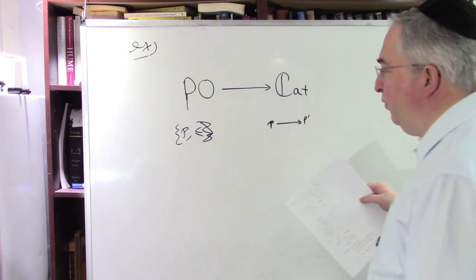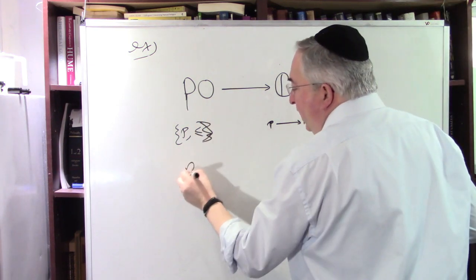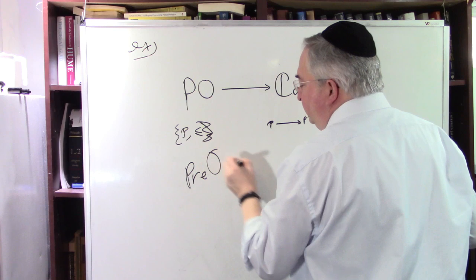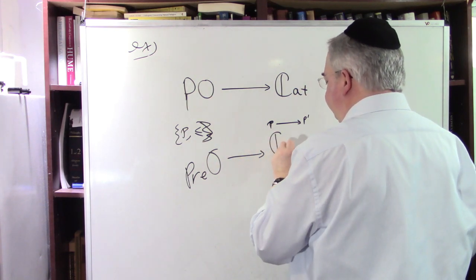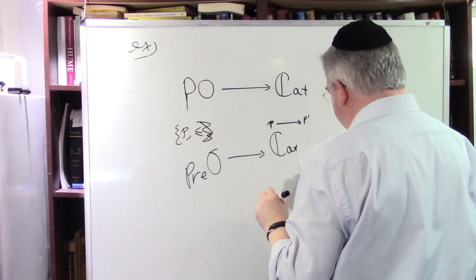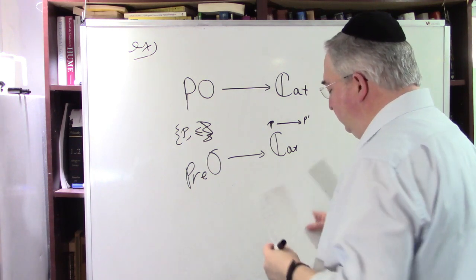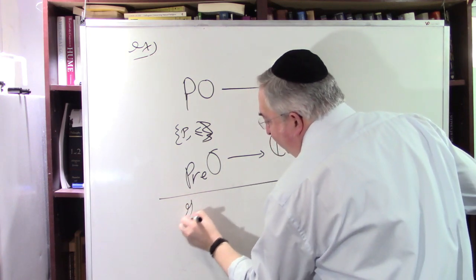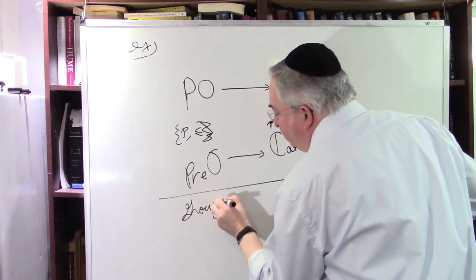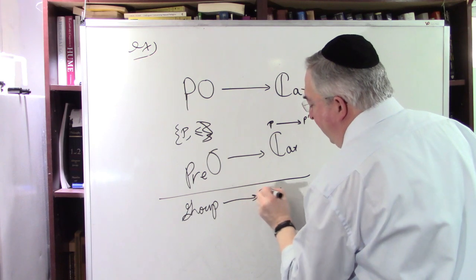Okay, great. Whatever I say about partial orders, I also say about pre-orders. So there's a functor like this. There's a functor like this. Okay, great. Let's go a little bit quicker here. There's also a functor from the category of groups to the category of Cat.